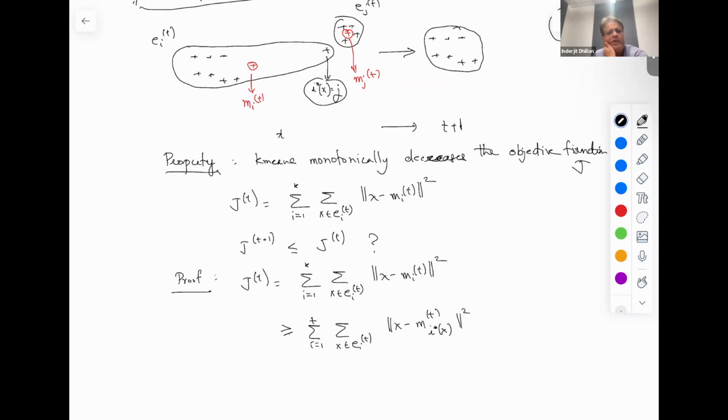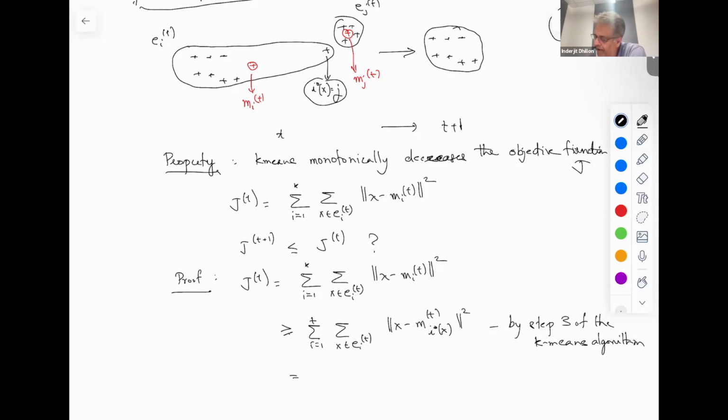Is that clear? I've just replaced i with i star x, and remember that i star x is defined as the index of the nearest centroid. Okay, so this is by step 3 of the k-means algorithm. Now I'm just going to rearrange everything.